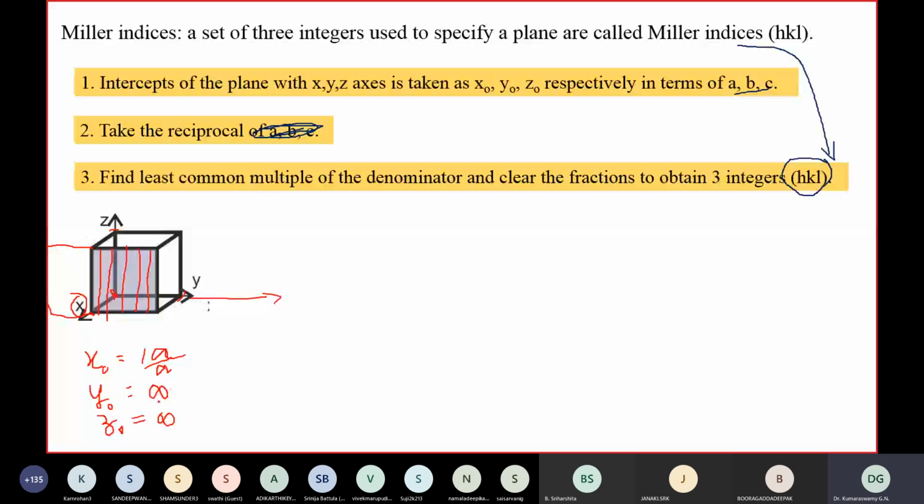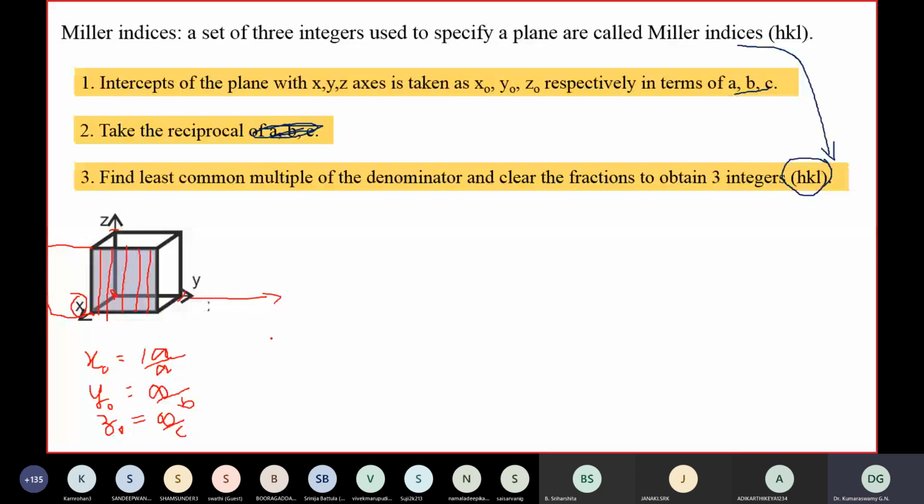So 1 by A, infinity by B, and infinity by C. Sir, can we take a number for y naught and z naught? If it intercepts, we can take a number. If it doesn't intercept, we have to take it as infinity.